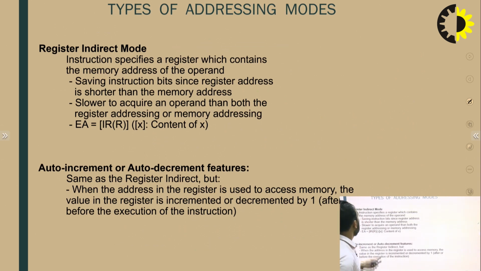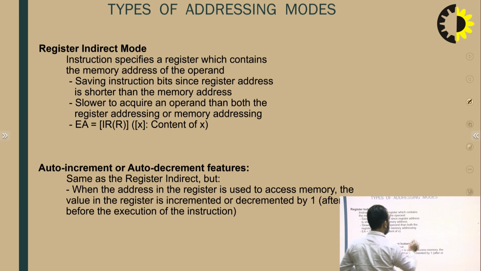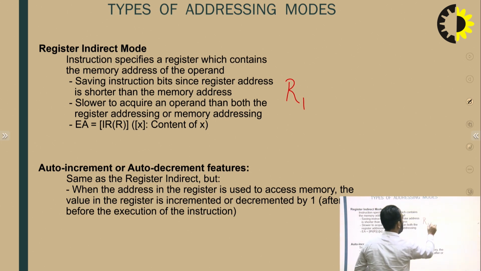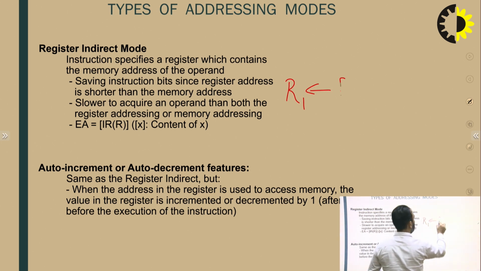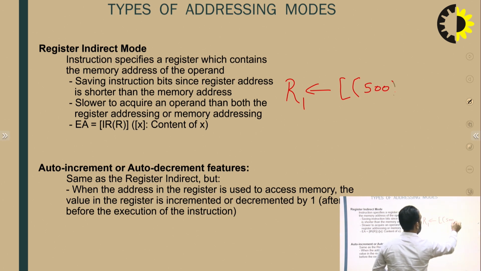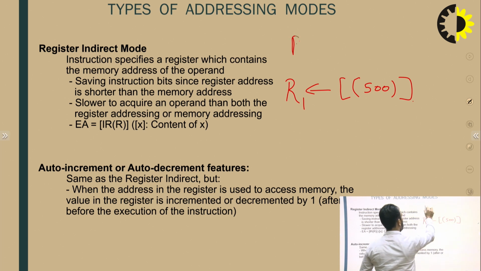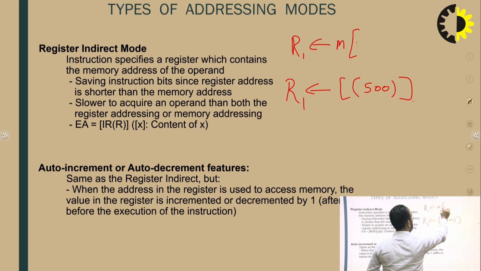In indirect register mode, we write R1 equals M of M of 500, or we also write it in brackets.